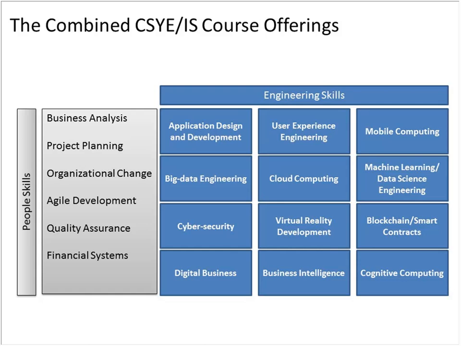Digital business is very much the softer focus area that includes enterprise architecture classes, business process engineering, IT auditing, and the like. Business intelligence is another area, cognitive computing, and the latest comer is definitely blockchain, where there's a lot of excitement from our teacher side and our student side to grow this domain that's expanding very fast.